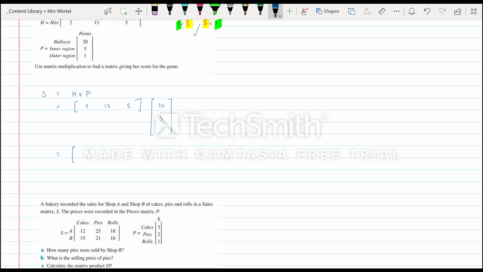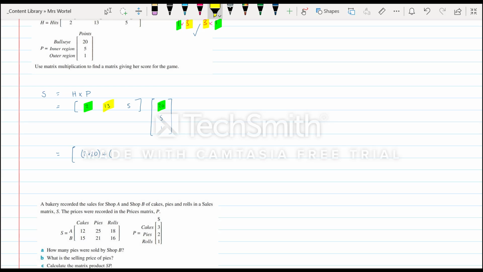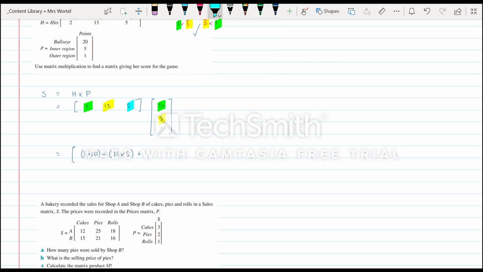To get this single element, it's 2 times 20 plus, so there are our first 2 corresponding elements. We go across our row and down our column to get the next 2: 13 times 5, plus, across our row, down our column, 5 times 1.